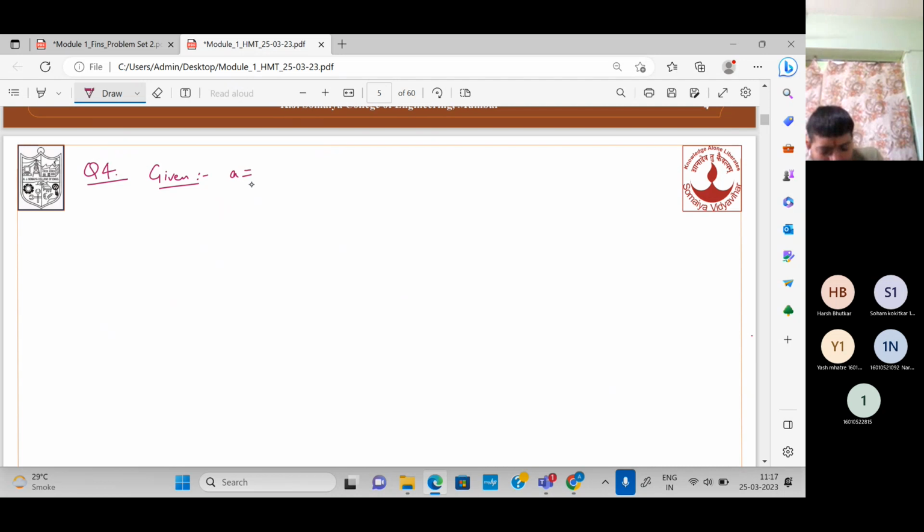So a is given as 5 mm, that is, 0.005 meters. Length is given as 80 mm, that means it is equal to 0.08 meters. It is attached to a plane wall which is maintained at a temperature of 400 degrees Celsius.